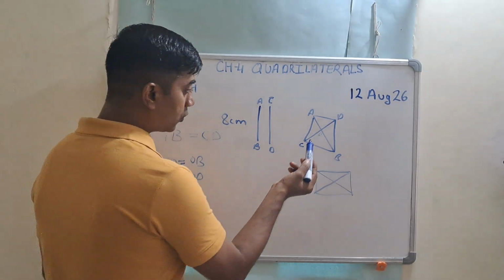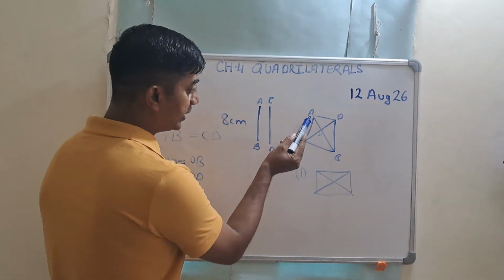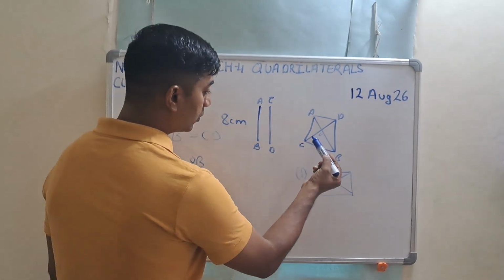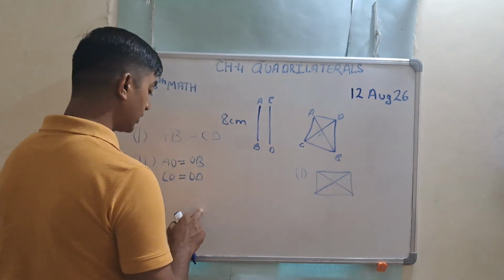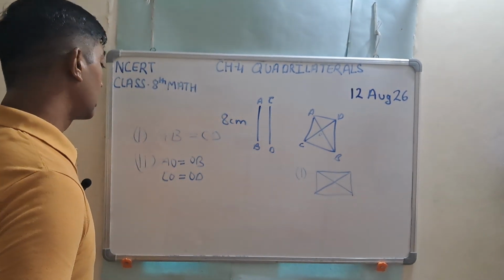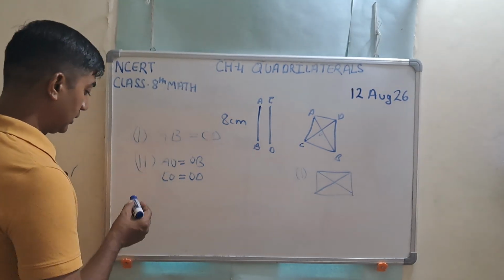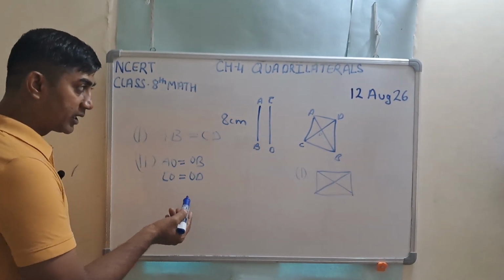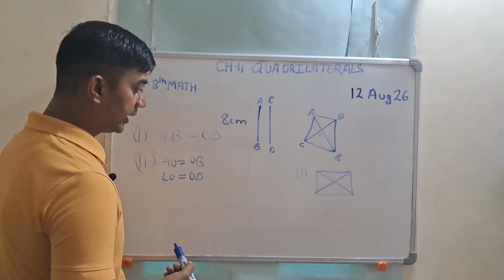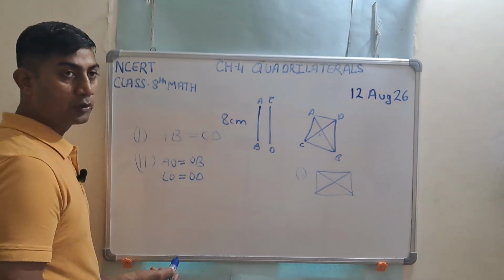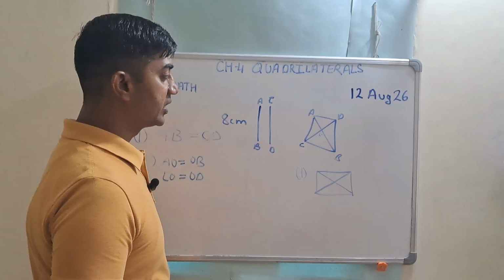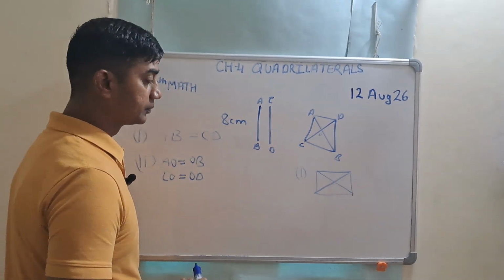It means O is the midpoint of AB and O is the midpoint of CD. Understood? This we have concluded in the second point. For the detail of how we have deduced this, you can see my previous video of this chapter.